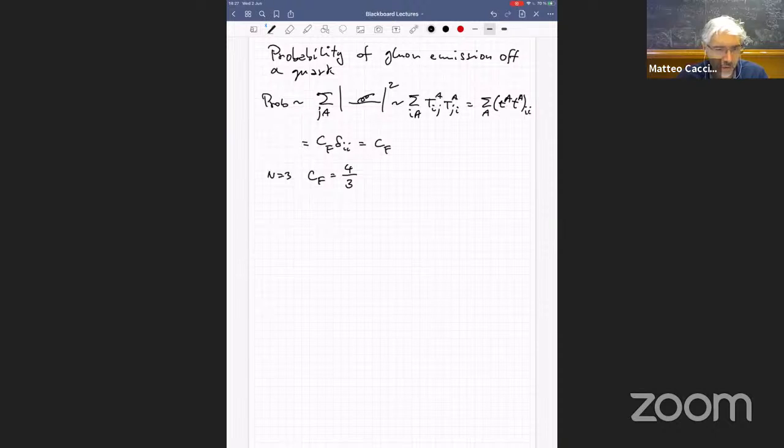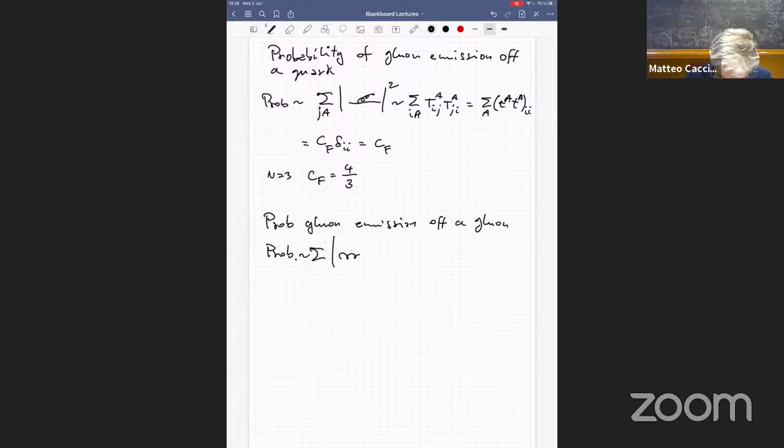Where it gets more interesting is if you repeat the same thing and you try to calculate the probability of gluon emission off another gluon. And in this case, this probability is proportional to the sum of this kind of diagram. And if you do the calculation, what you get is that this is eventually proportional to C_A.